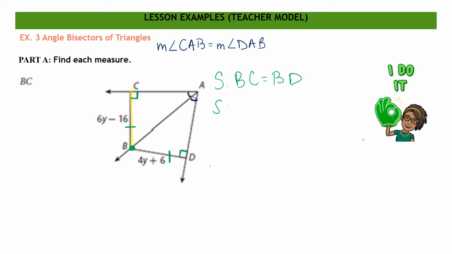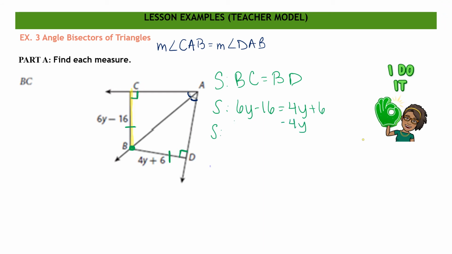And this is going to help me find the length of BC. So BC we know is 6y minus 16, and BD is 4y plus 6. So now we're just solving for y.